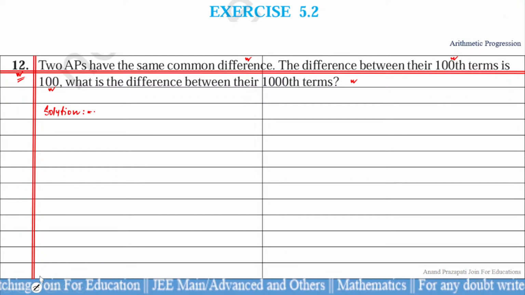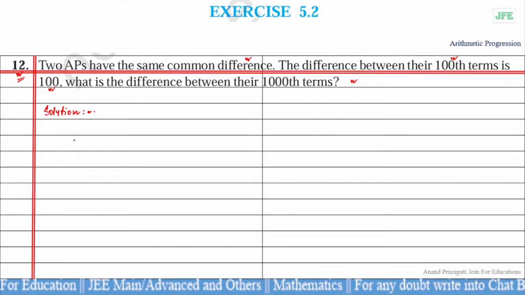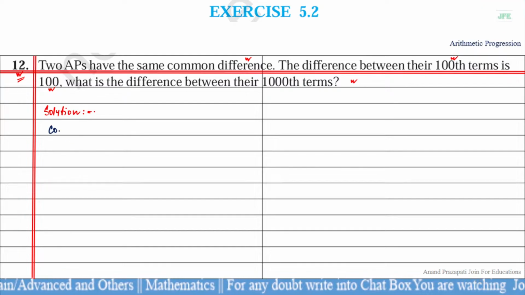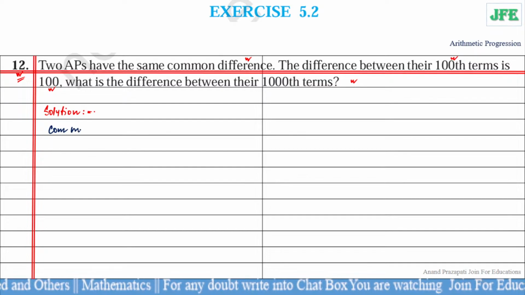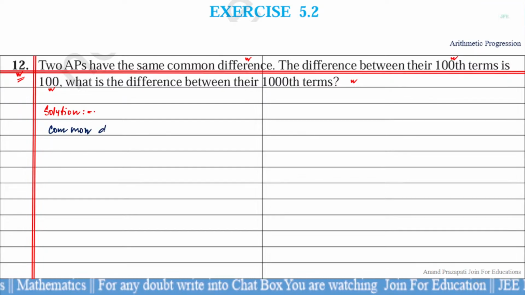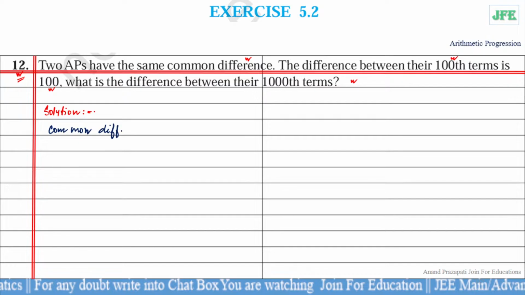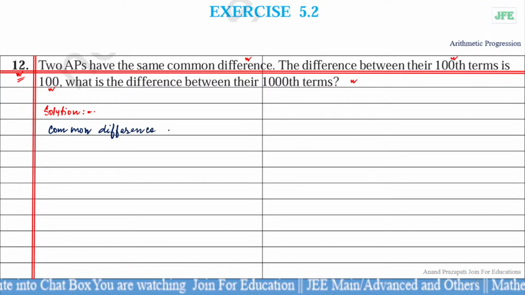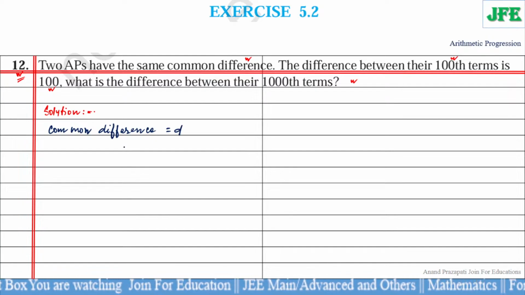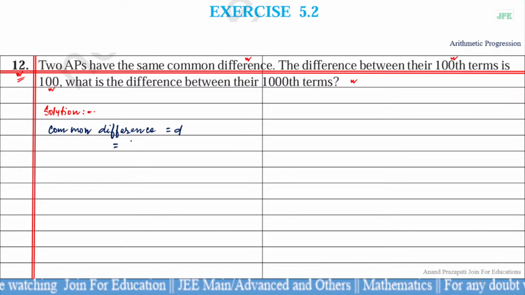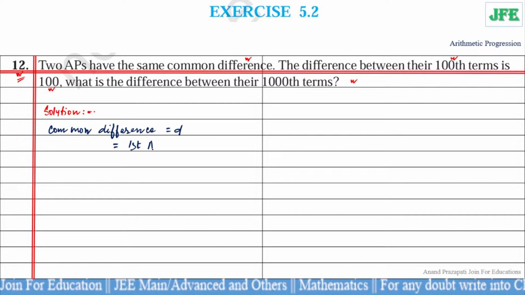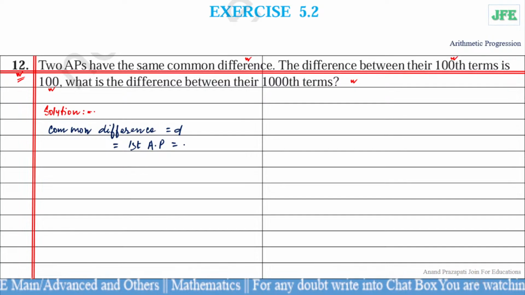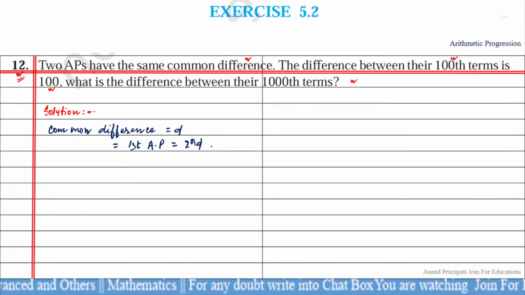So from the question it is clear that the common difference, which is generally denoted by d. So the first AP, it means the first arithmetic progression, and the second arithmetic progression.